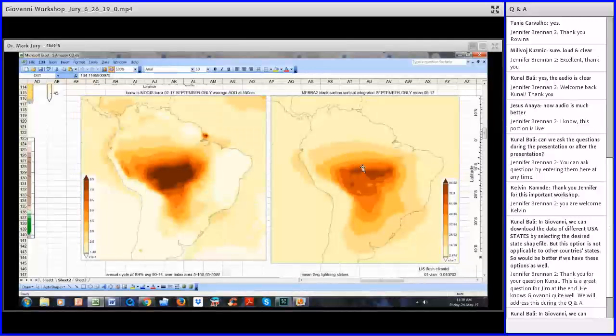And then over here we have the MERRA-2 black carbon. You can see the two are corresponding quite well, with the exception of MODIS showing a feature, let's say, over the mouth of the Amazon, which we don't see in the MERRA-2. So MERRA-2 is the model. MODIS, of course, is the satellite.